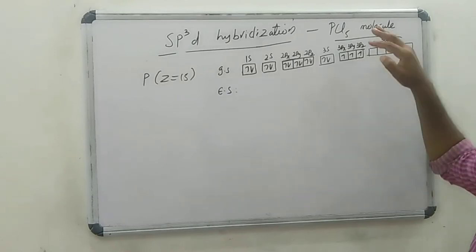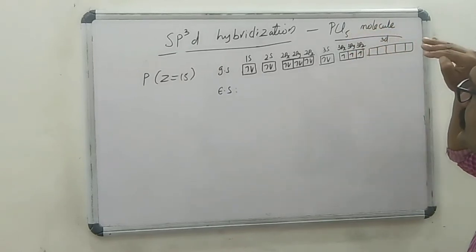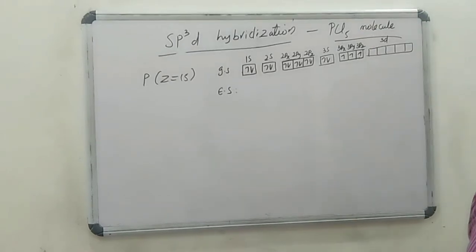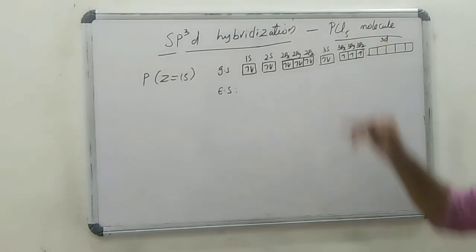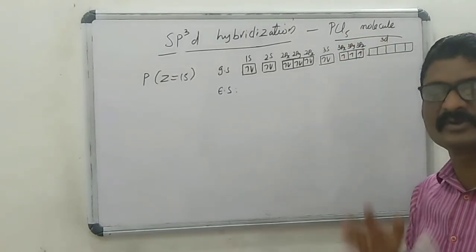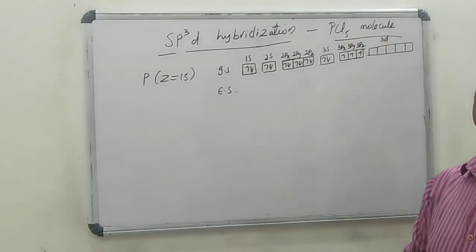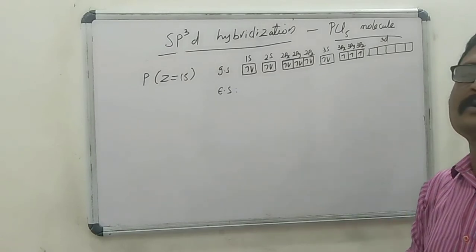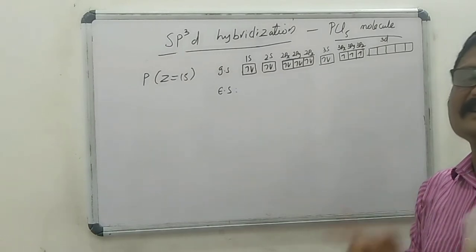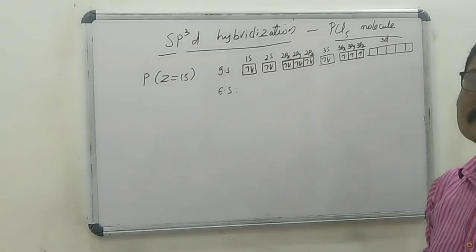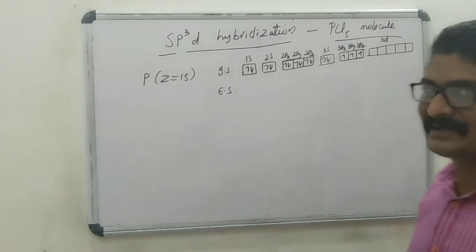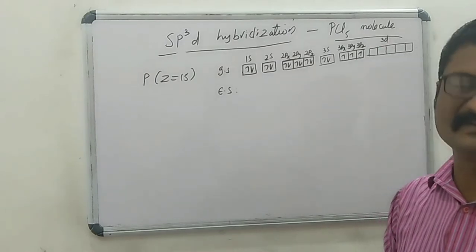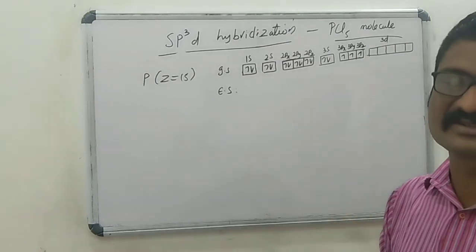But in order to form the 5 bonds with the 5 chlorine atoms, the valency of phosphorus must be 5. Then, how will phosphorus attain the pentavalency?